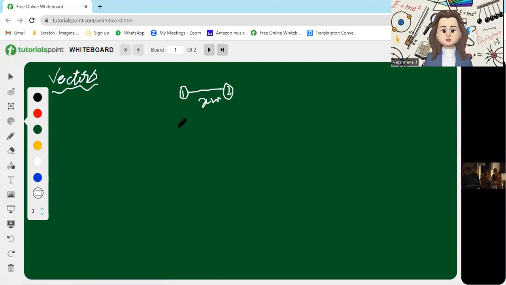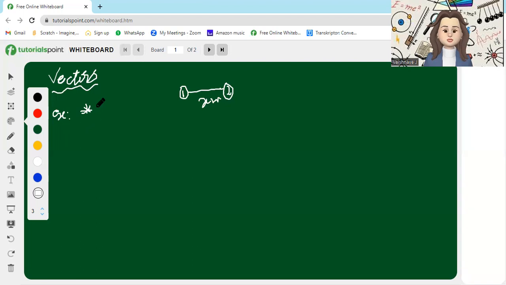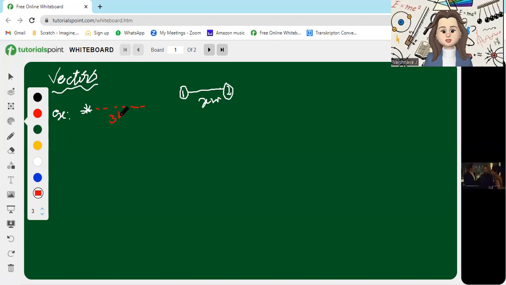If I give you an example of a vector, let's say displacement: an object moved from its initial point 3 kilometers towards east.